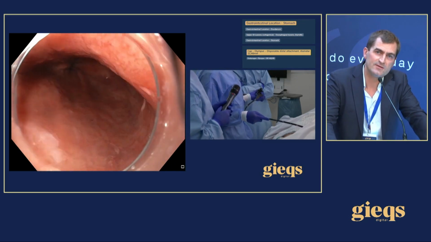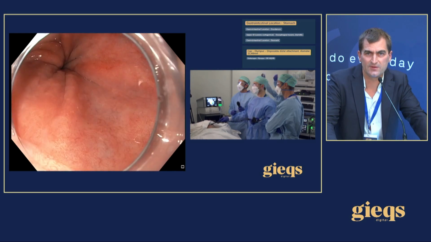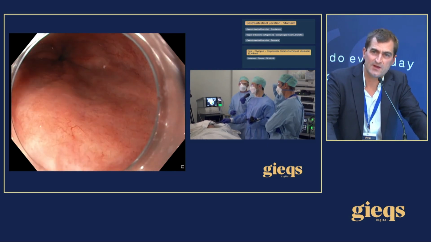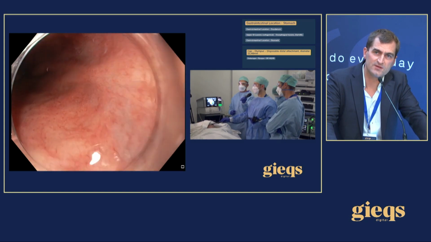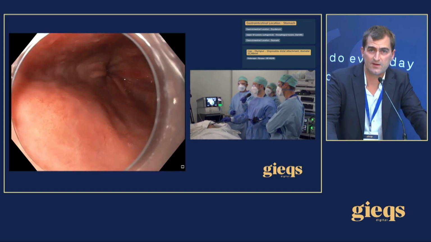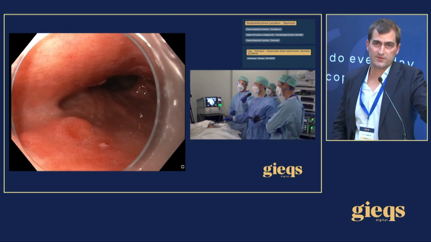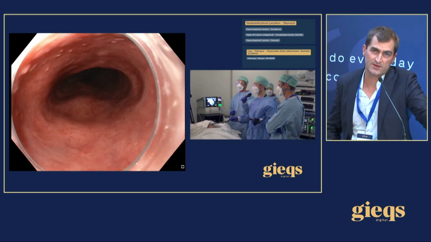So it's always a gamble to know what will be the surprise when scoping the patient. I hope with time we will have more and more patients with the right indication coming directly from other centers. But I agree with you that those very high-risk patients need to be followed by experts.